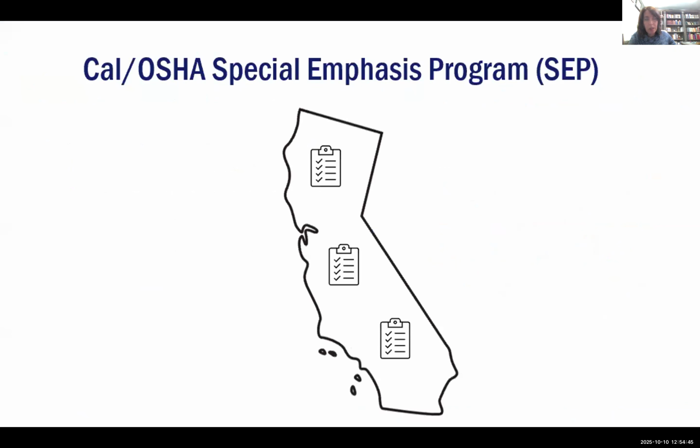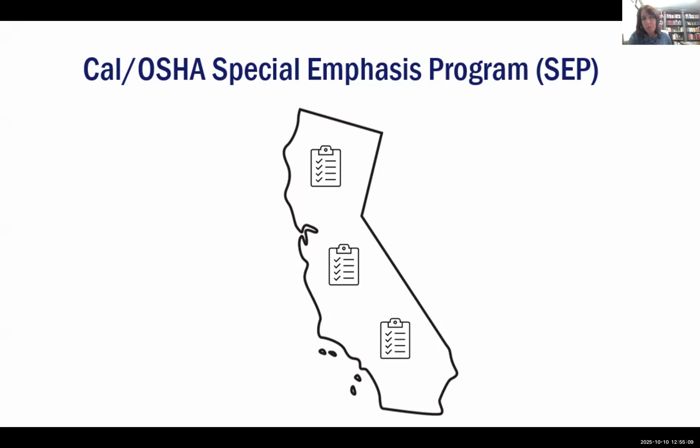Well, when Cal OSHA learned of the cases that we were finding in the state, they set up something called a special emphasis program. Typically, Cal OSHA is responding to complaints. That's where their authority kicks in. And they don't typically make a surprise visit to a random shop that doesn't have a complaint associated with it.